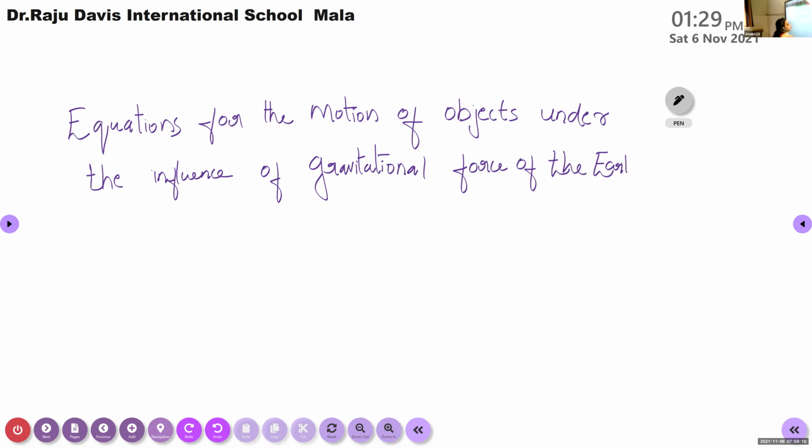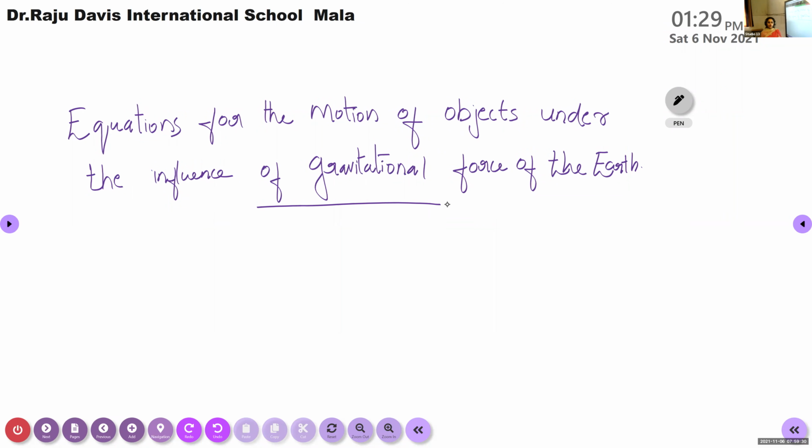Okay, children. So here we are going to find the equations to describe the motion of an object under the influence of gravitational force of the earth. Before that, let us recall the equations of motion for a straight line motion of an object.